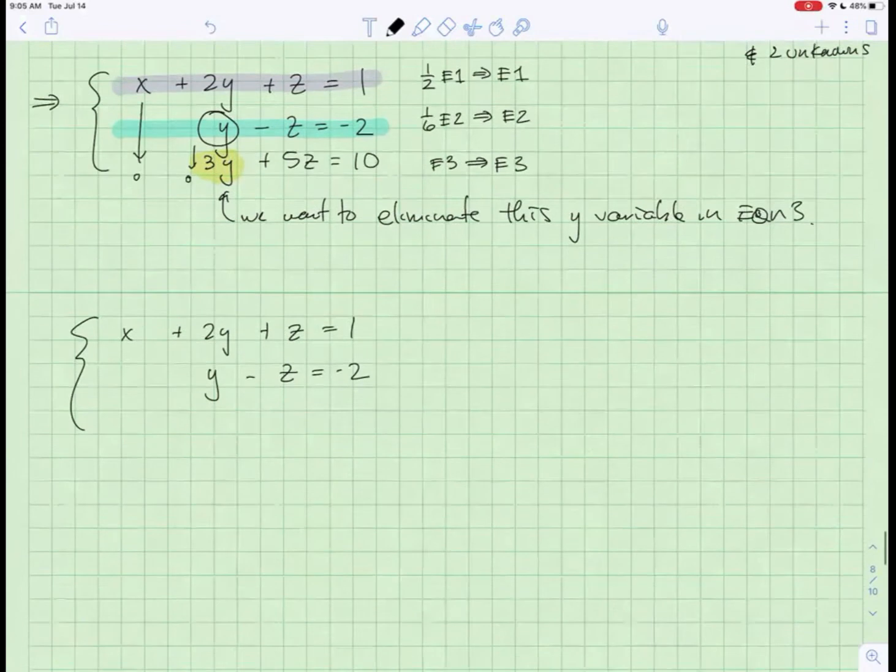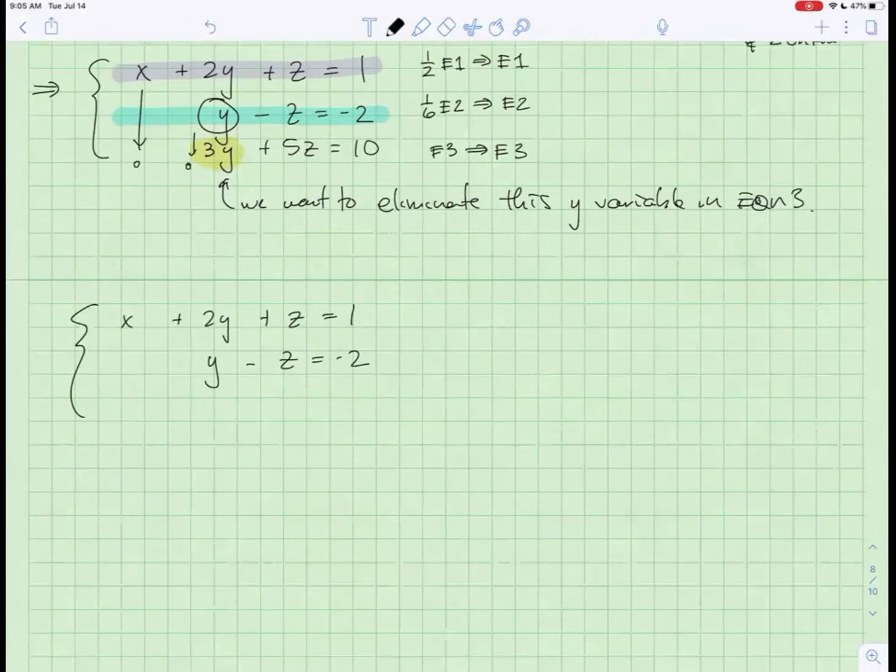So how are we going to do that using equation 2? Well, I'm going to take 3 times equation 2, and I'm going to subtract equation number 3. So I'm using a combination of EROs, and that's going to be my new equation 3. This is an ERO combo. It is multiplying that middle row by 3 and then subtracting row 3 from it.